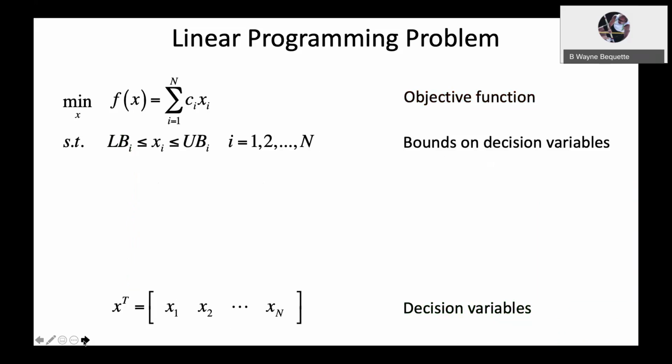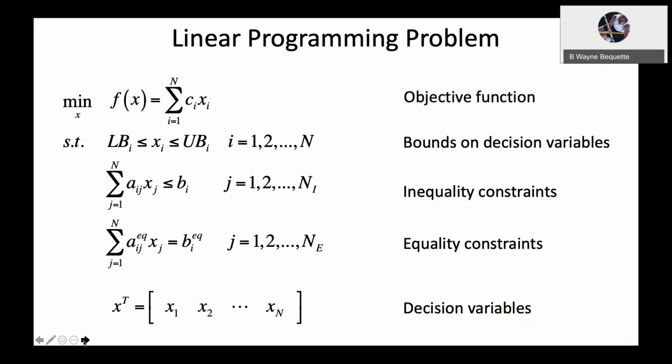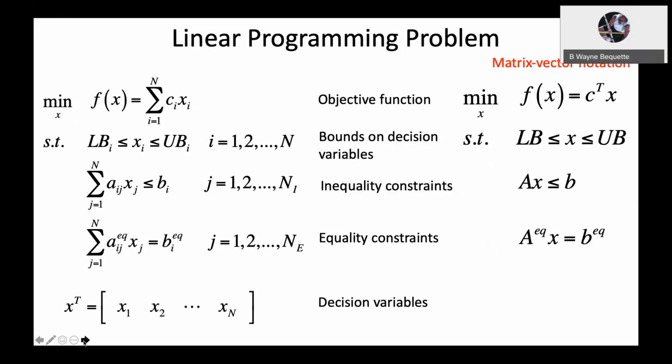We also have bounds on the decision variables, some lower bound and some upper bound for each one of the decision variables. We have inequality constraints that are a function of the decision variables. And we also have possibly equality constraints, often through the form of modeling equations that are functions of the decision variables.